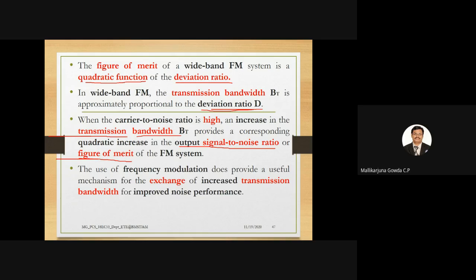That provides the corresponding quadratic increase in the output SNR, or we say the figure of merit. So actually we were discussing the bandwidth requirement as well as the performance of the receiver, right? We started with standard AM. It required twice the highest frequency of the message signal as the bandwidth.